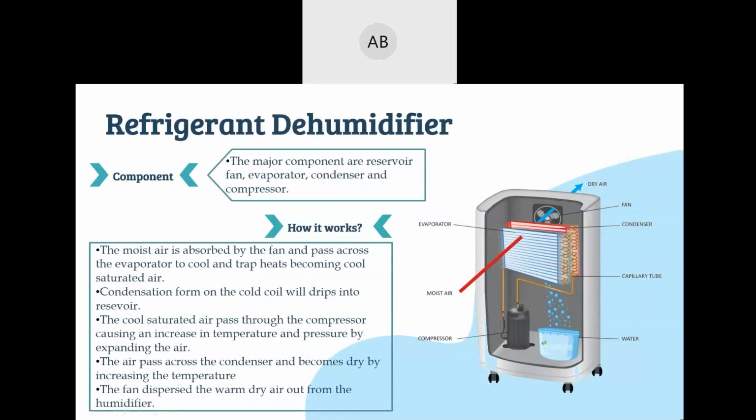Then the condensation will form on the cold coil and drip into the reservoir. The cool saturated air passes through the compressor, causing an increase in temperature and pressure. Then the air passes across the condenser and becomes dry by increasing the temperature. Lastly, the fan will disperse the warm dry air out from the dehumidifier. That's all.